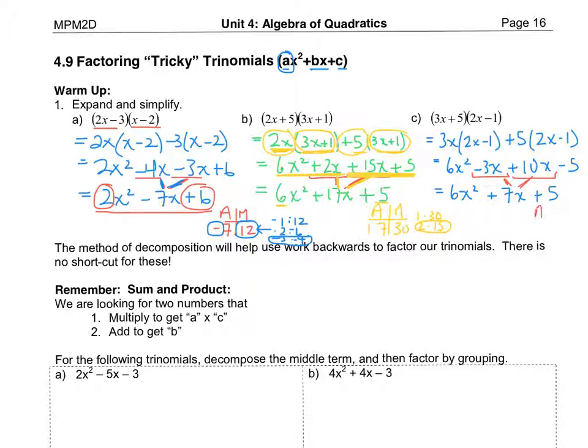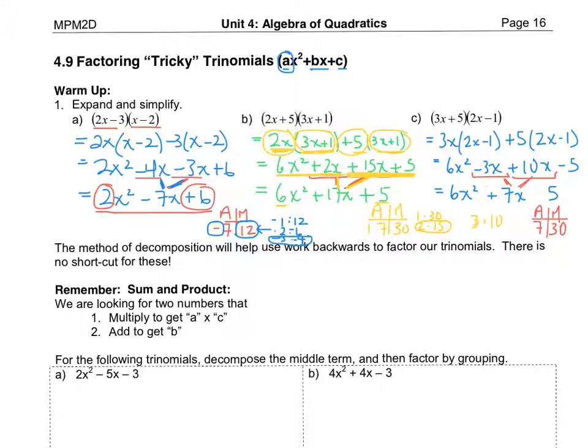The last one, we'd be looking for 2 numbers that add to 7 and multiply to 30. So if we look at what we had in the previous example, we were multiplying to 30. 1 times 30 adds to 31. 2 times 15 adds to 17. We could continue on and do a 3 and a 10, and I just realized I made a mistake. 3 times 10, and hopefully you caught the mistake.